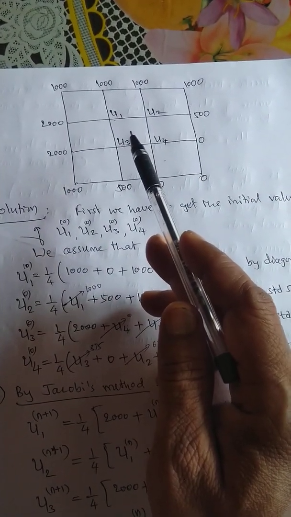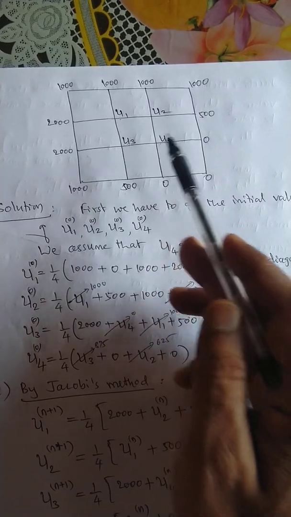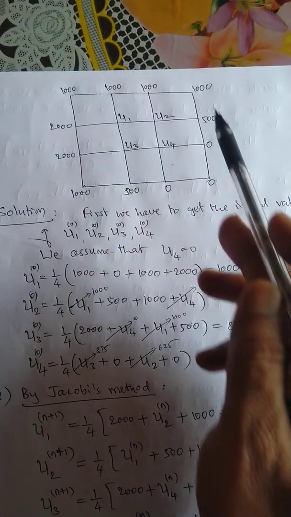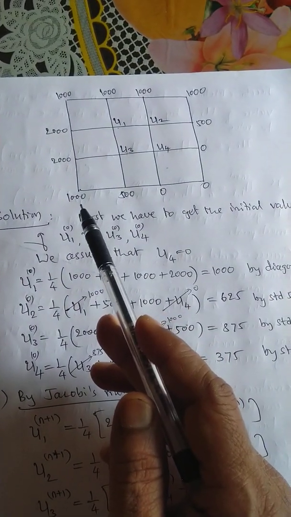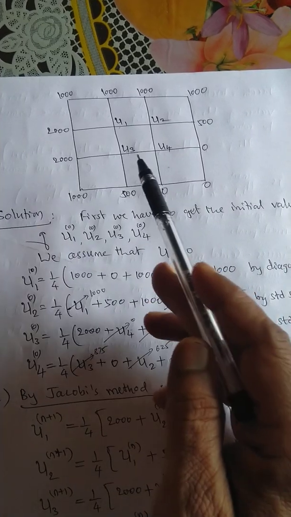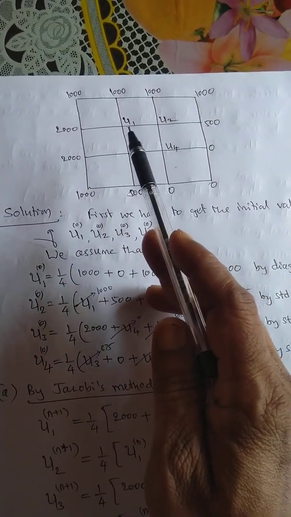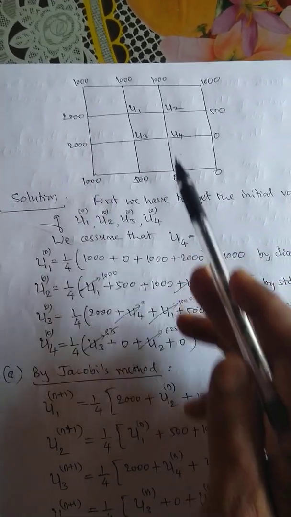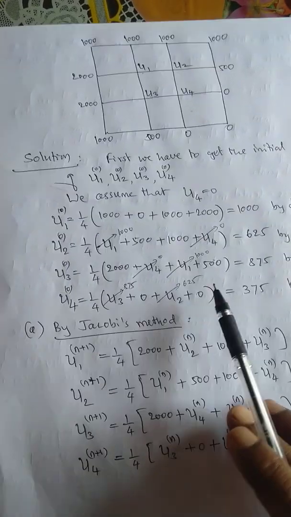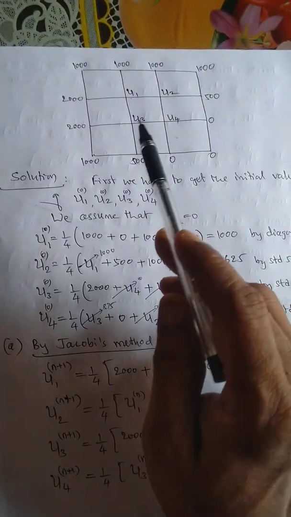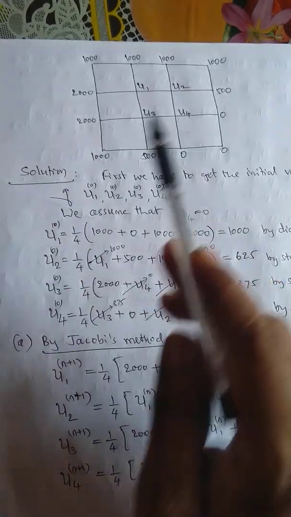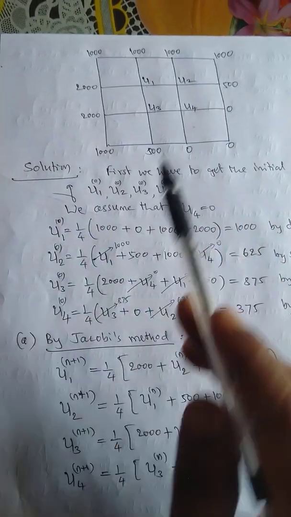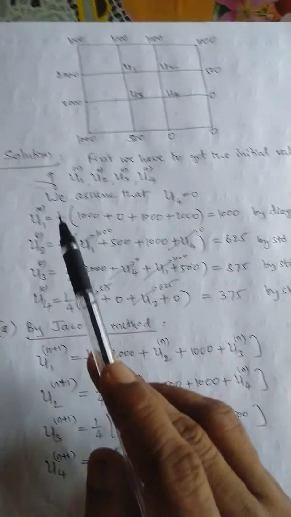The interior mesh points are u1, u2, u3, u4, and the boundary temperatures at the different boundary points are given, and our job is to calculate the temperature at U1, U2, U3, U4. We can calculate U1, U2, U3, U4 by Jacobi's method, and by Gauss-Seidel method.